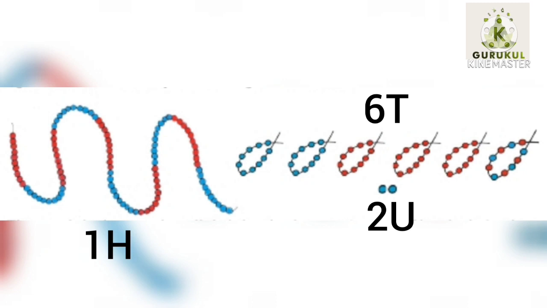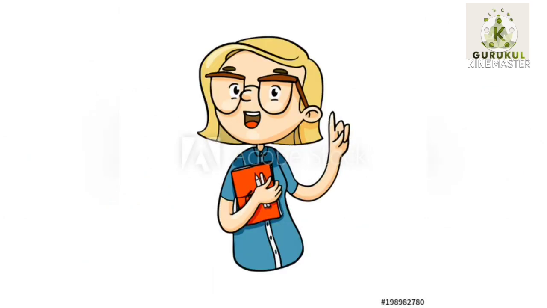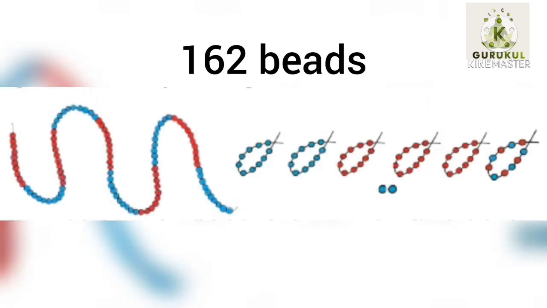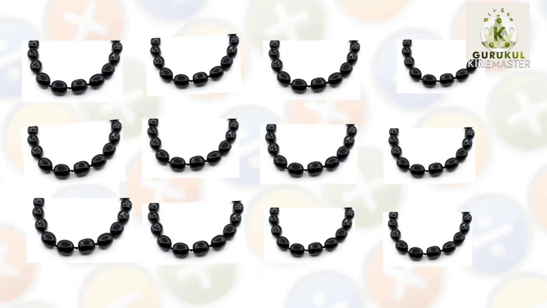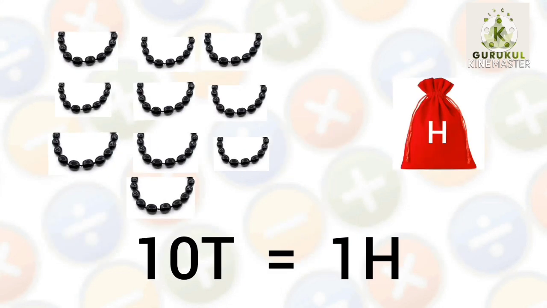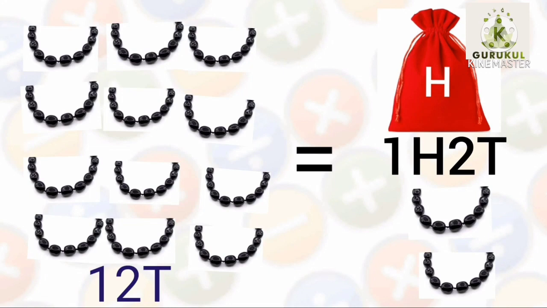So the total is, how many beads do they have? They have 162 beads altogether. Now there are 12 tens over here, but we know 10 tens is equal to 100. So 12 tens means 100 and 2 tens.